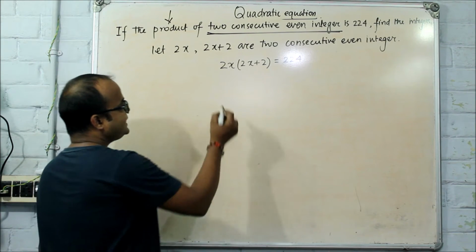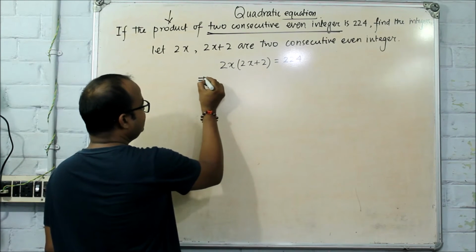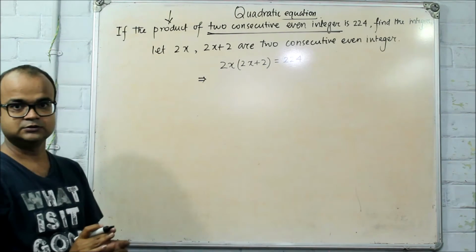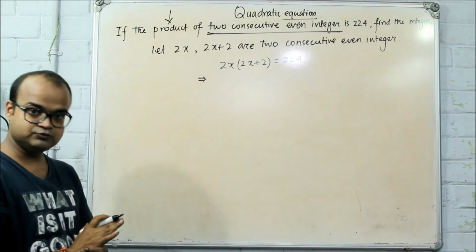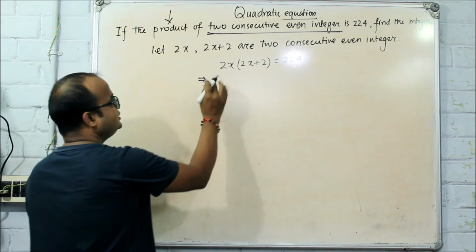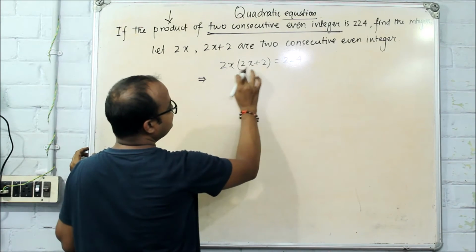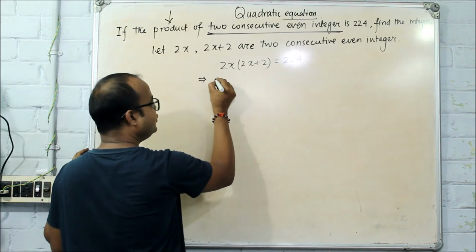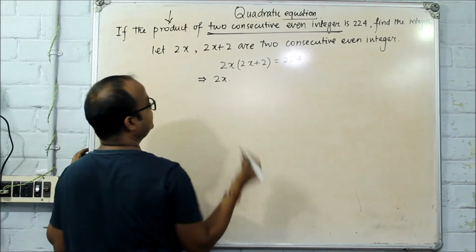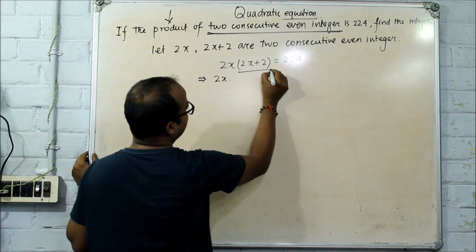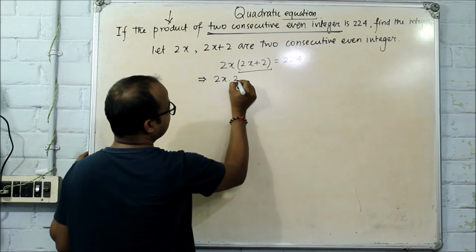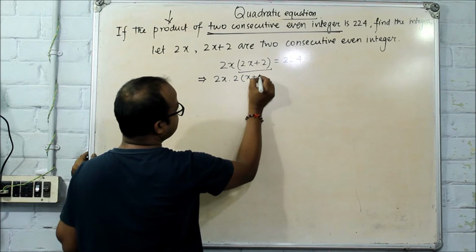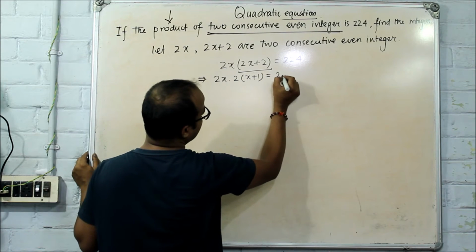Now, if you are comfortable with taking terms common, from these two terms you can take 2 common, and these 2 will become 4. I am writing one step for your convenience. From here I am taking 2 common. So 2 into 2 times x into x plus 1 is equal to 224.